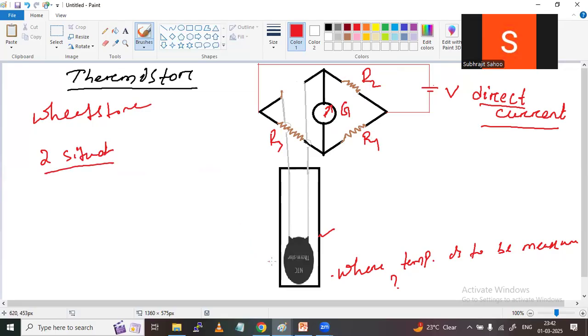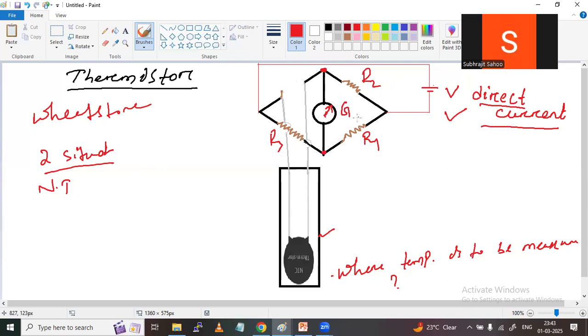The first situation: when the thermistor is at normal atmospheric temperature, with no heating, not in contact with any heating material or region. I am supplying direct current. At that time, assume this Wheatstone bridge circuit is balanced. If it is not balanced, we can make it balanced, since this is a variable resistance.